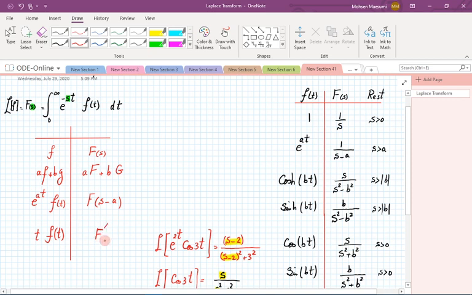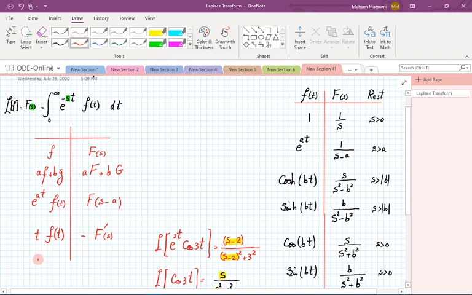So I can write it F prime. And also it multiplies it with a minus. So if I have a function, I multiply it by the simplest polynomial, just a t, what it does is that it differentiates this thing and multiplies it by a minus.